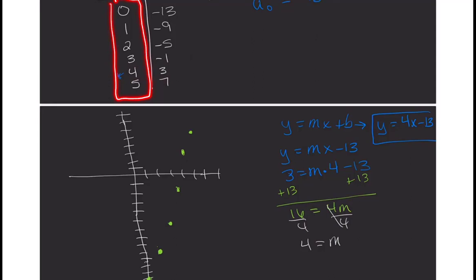So those are all of your domains. Range is your outputs. And what did we get out? All of these guys. You guys remember which one's independent and which one's dependent? All right.